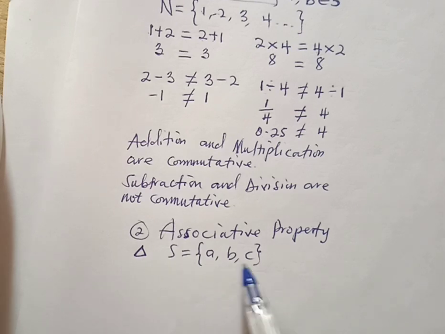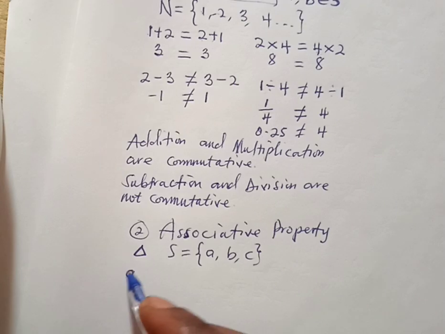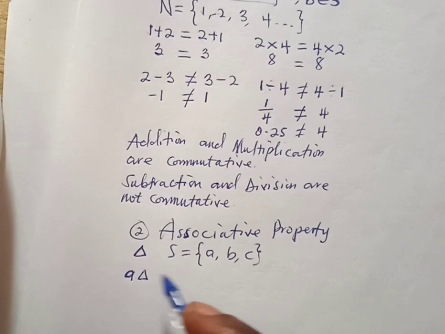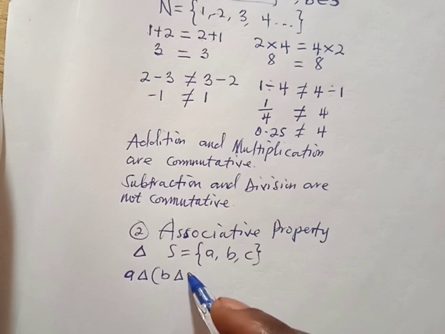So for the definition of associativity, if I take this element A, operation, then I have my B, operation, what?